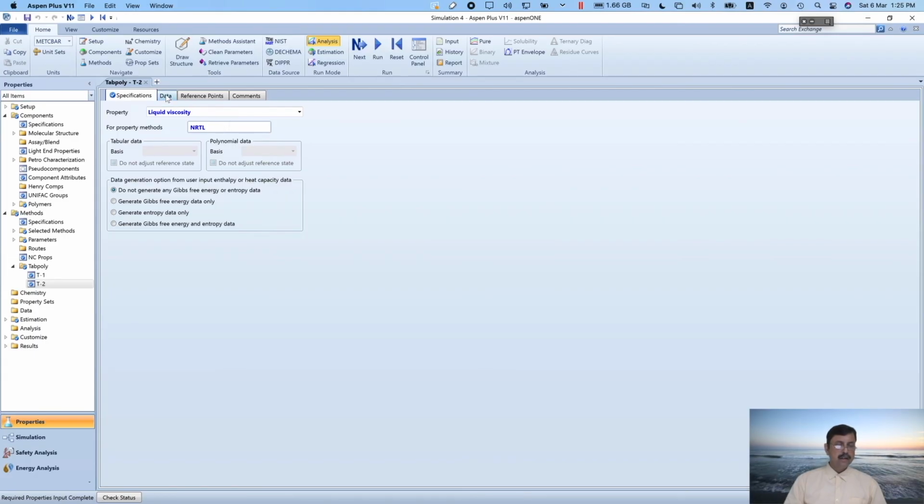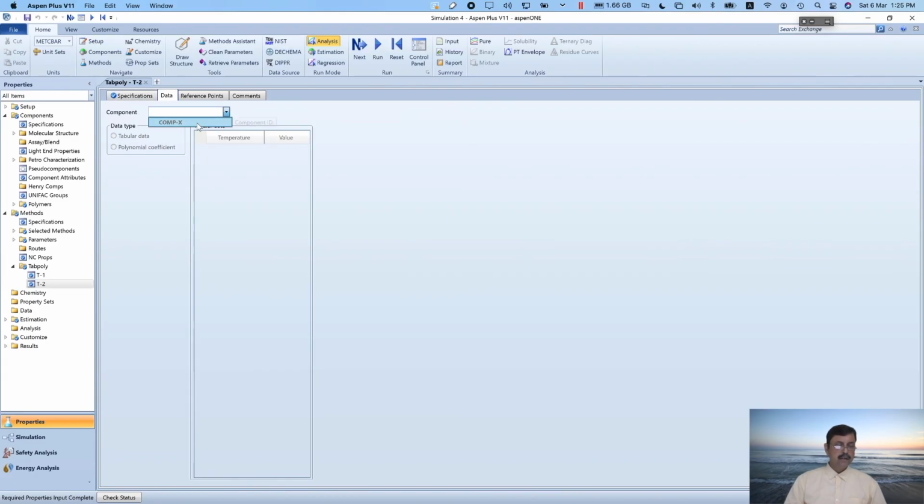In dataset, you choose compx tabular data. Now at various temperatures, you can give the values of liquid viscosity. So like that you can add the tabulated data or polynomial coefficients for compx, as much data as you can give. The more data you give, Aspen will have less effort and more accuracy in characterizing the unknown component that you have defined.